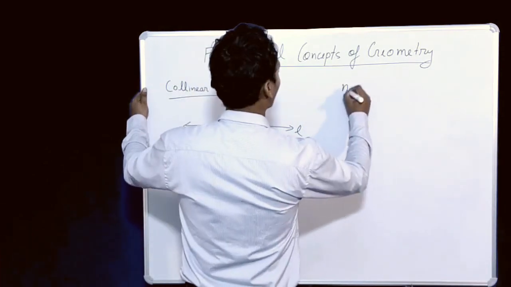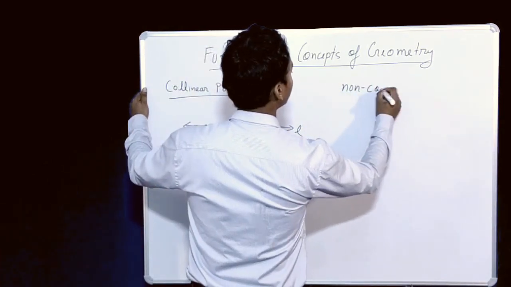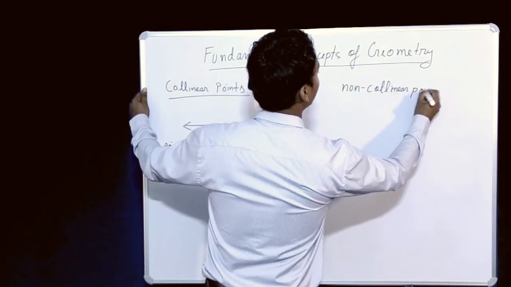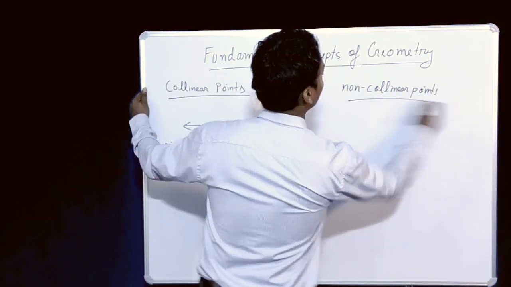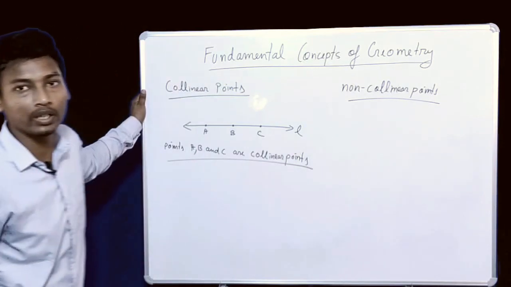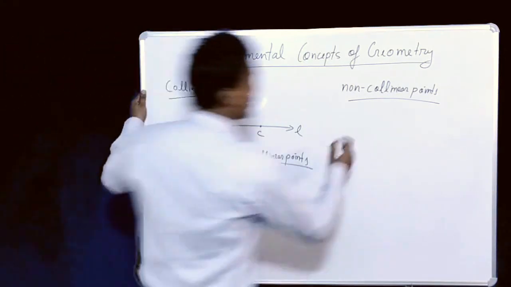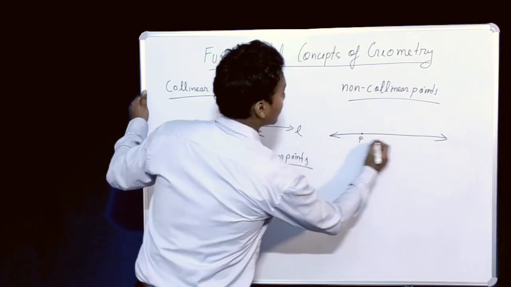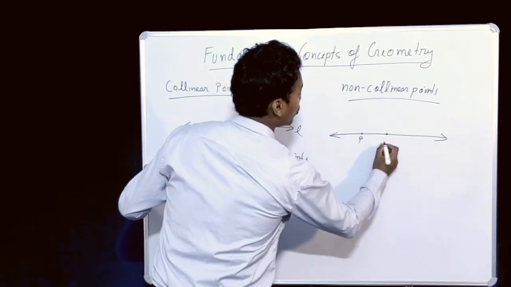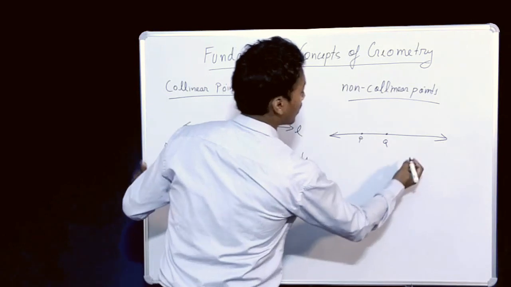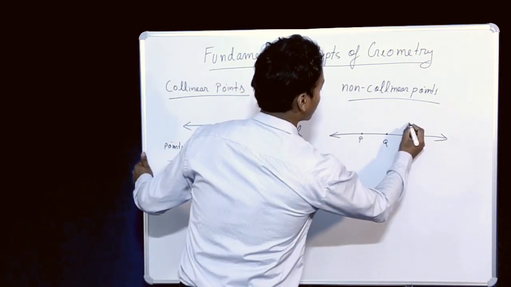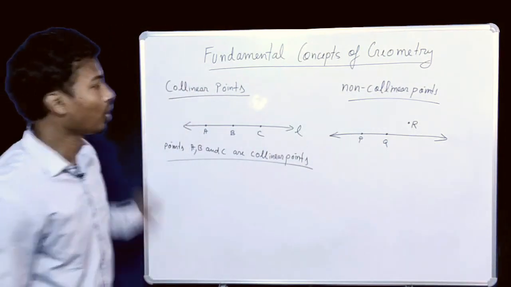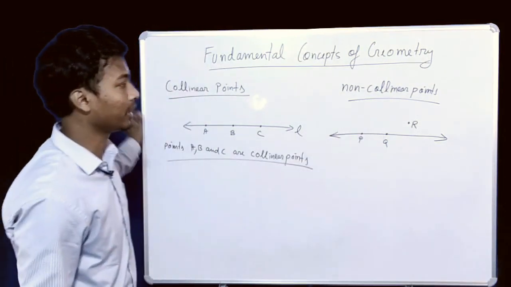Next, non-collinear points. Now you get the idea of what non-collinear points will be. Let's take points P and Q, and another point R, but not on that line.